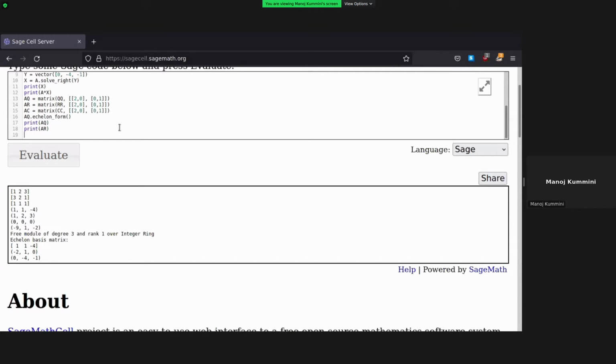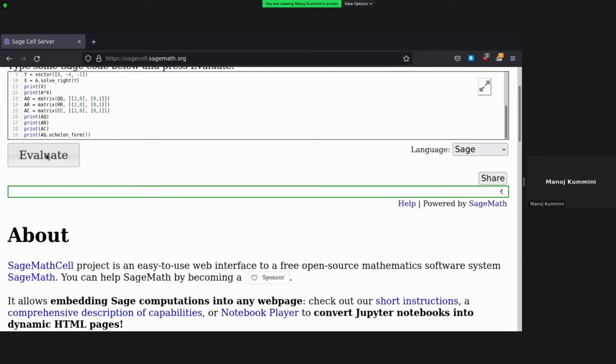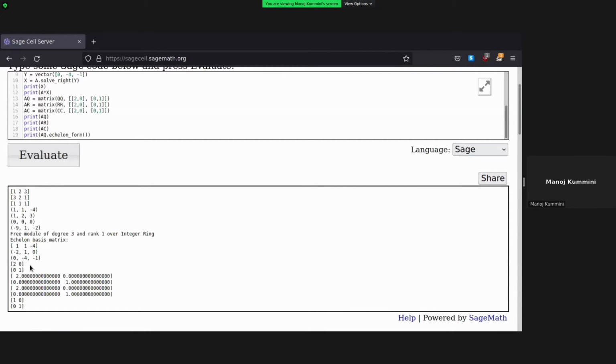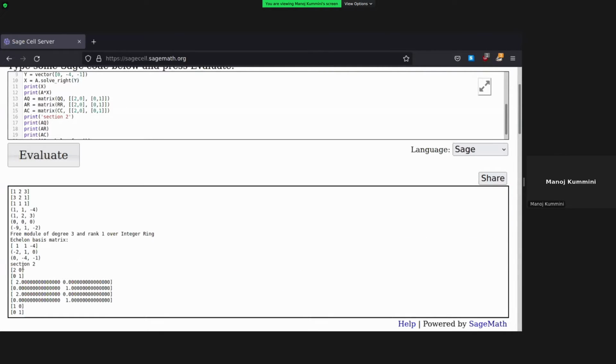Sorry, I did this in my own terminal, so I didn't realize one had to write this print explicitly. So if you ask for AQ, this is where AQ starts. AQ is this, 2001.